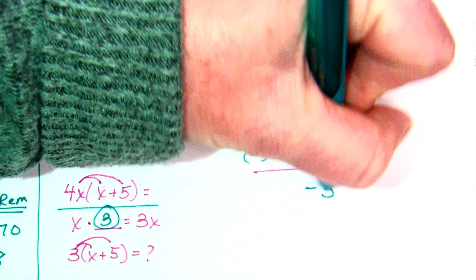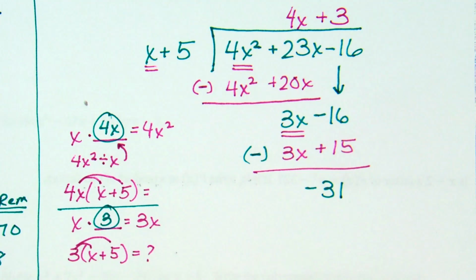Negative 31. You can do, I think, yeah, I have it on the board from last period. Negative 16 minus 15. Keep, change, opposite. That's what I taught in middle school. Okay. What is that negative 31?